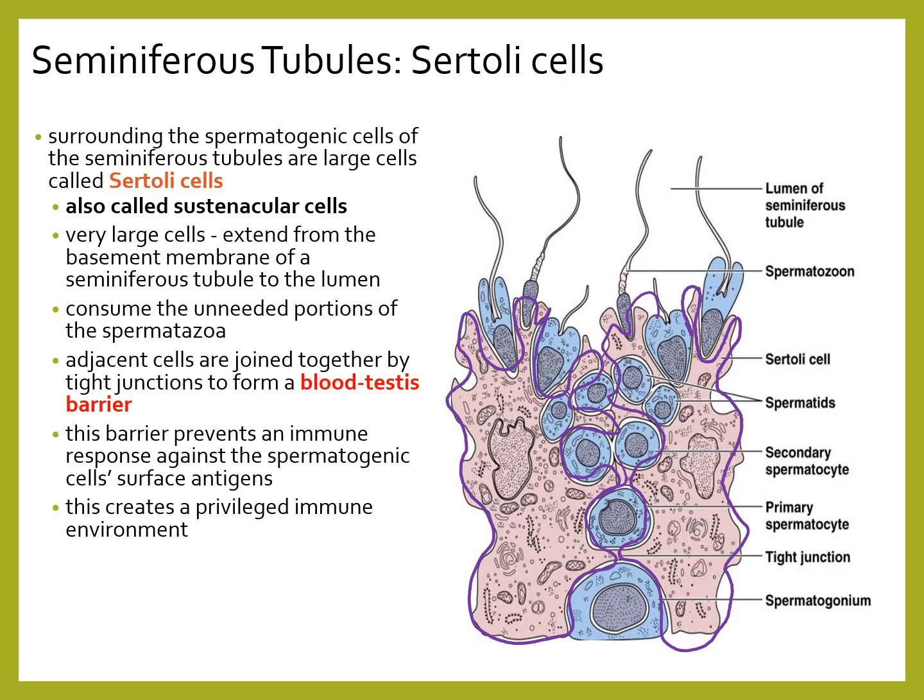They secrete a wide variety of growth factors that help mediate this process of spermatogenesis. They also consume the unneeded portions of the spermatozoa. One of the secretions that they produce creates something known as the blood-testes barrier.